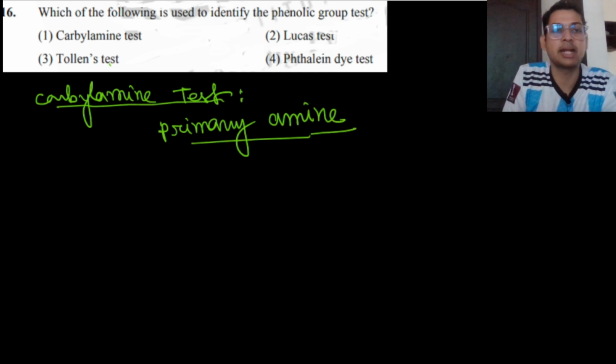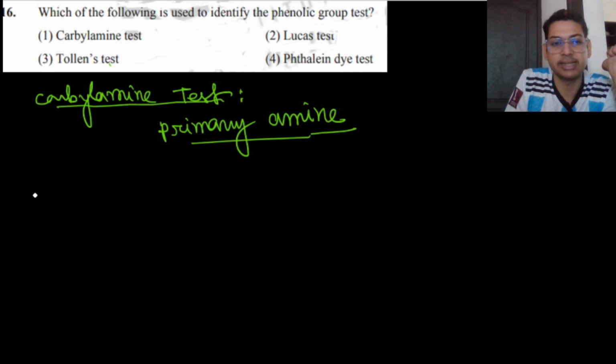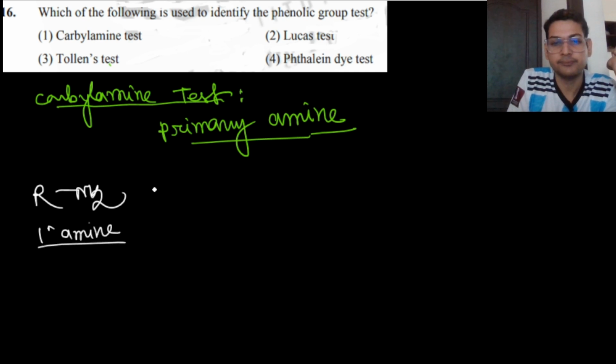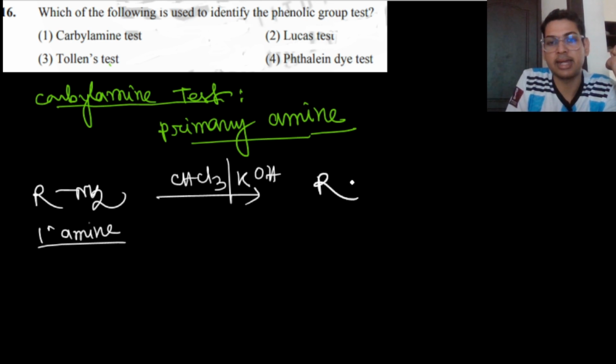Any primary amine, it can be aliphatic, it can be aromatic, anything. You take RNH2, that is your primary, or 1 degree amine. You react this with chloroform in presence of KOH and you will get RNC.